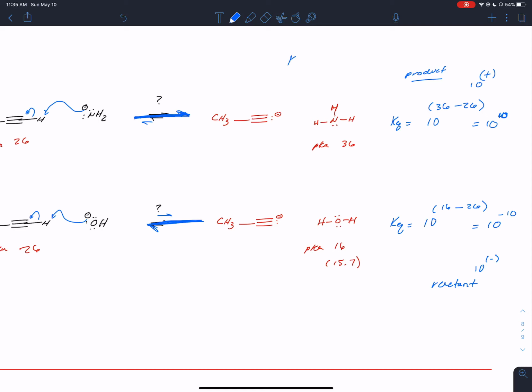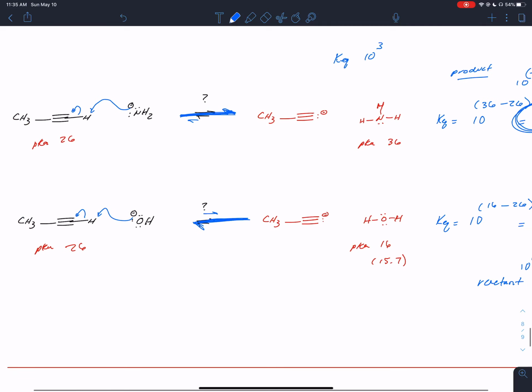We also said that if KEQ was 10 to a value of 3 or more, there would be an irreversible acid-base reaction. Because this top acid-base reaction between your terminal alkyne and NH2 minus has a KEQ of 10 to the 10, we could say that this reaction is irreversible.